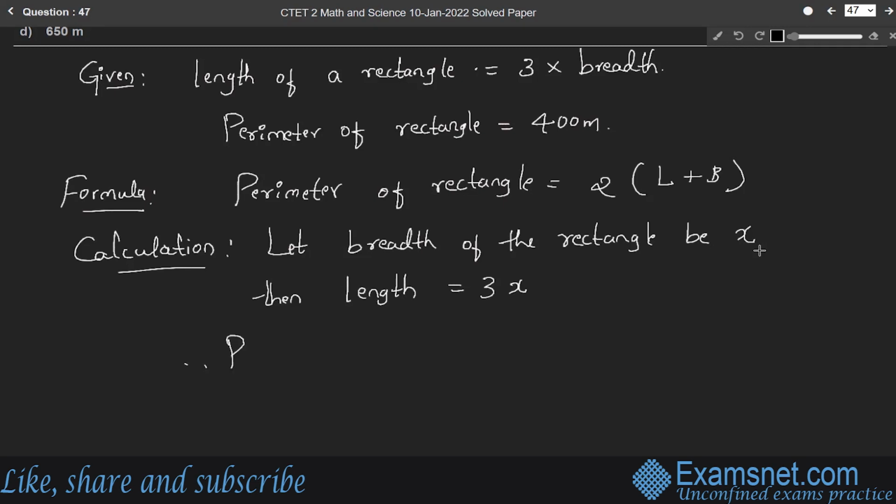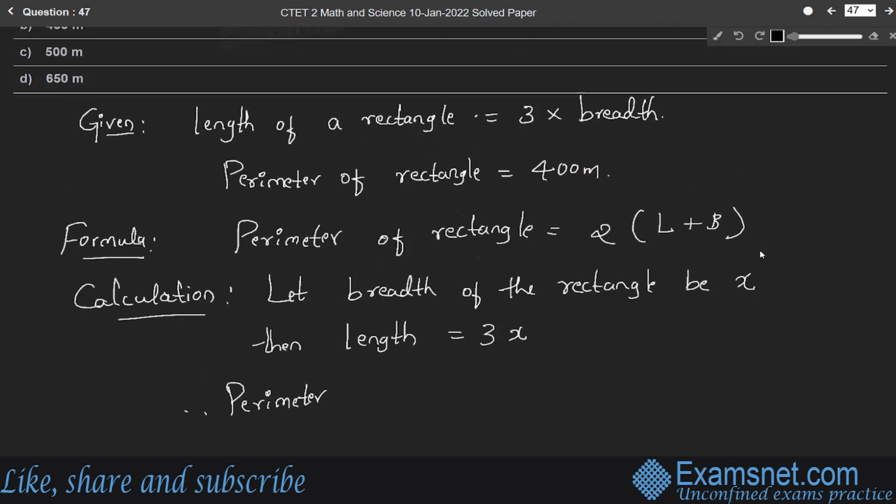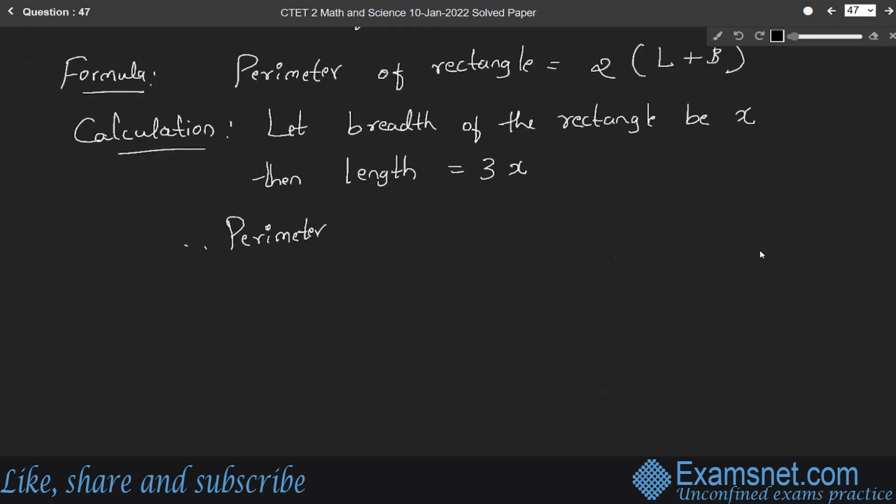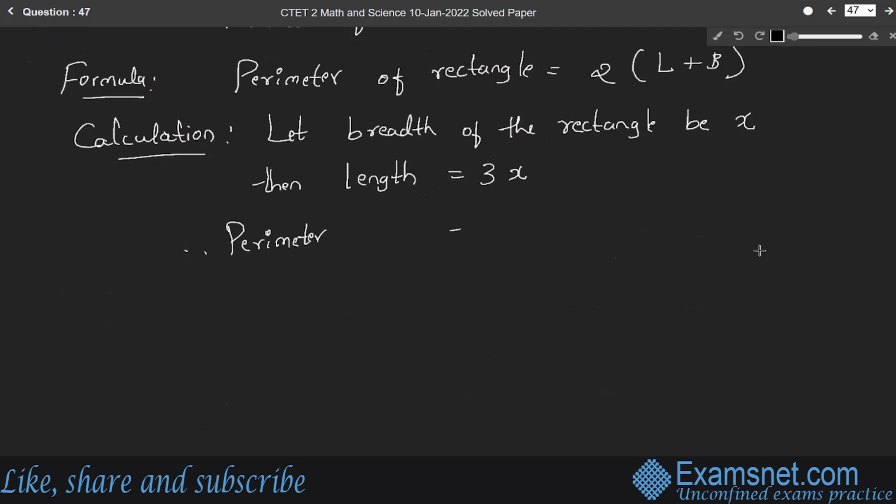Therefore, perimeter is equal to 2 times length plus breadth, which is 2 times length is equal to 3x, breadth is x.